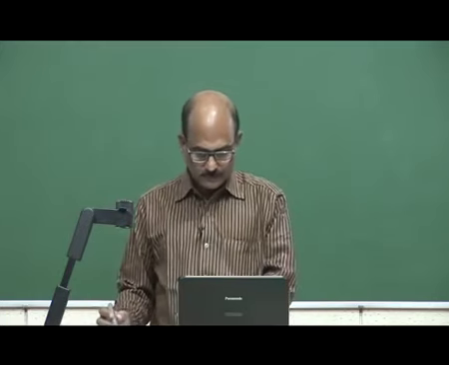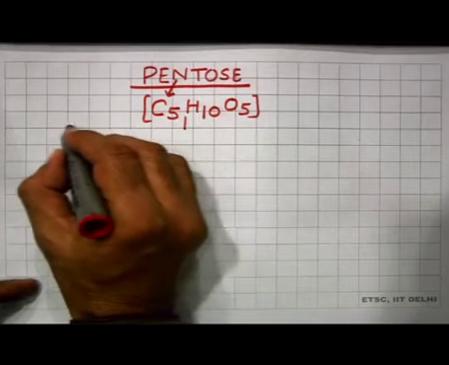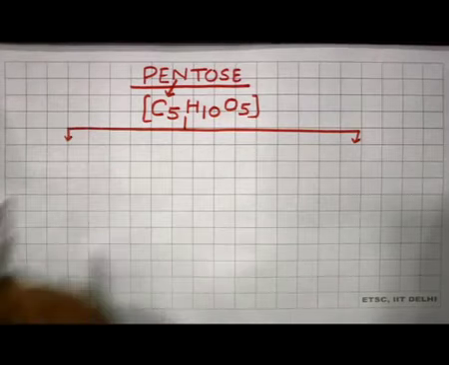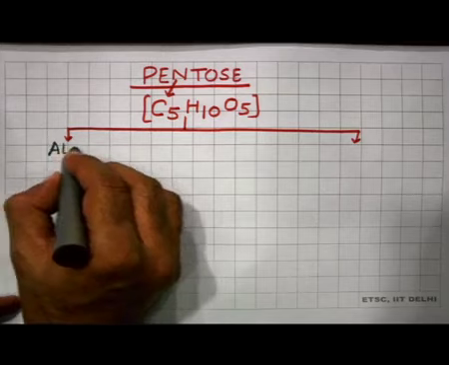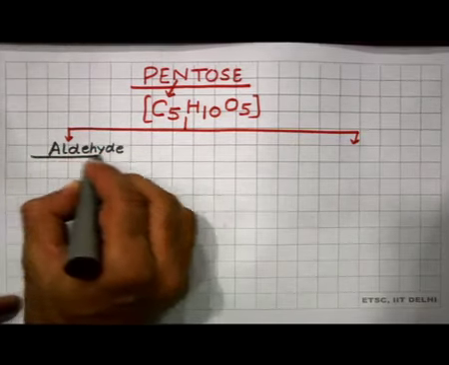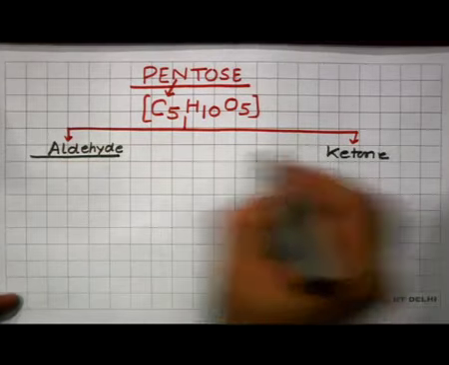In case of pentose, it is also found in the two forms same as triose and tetrose, that is aldehydic form and ketone form.